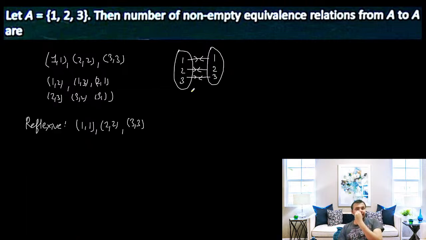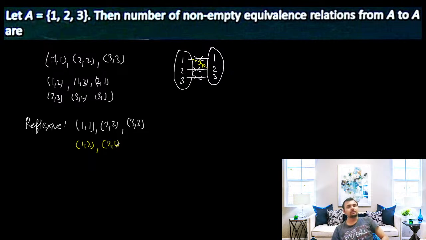From 1, if we are going to 2, a line should come back also. So if we keep 1, comma 2, we'll have to keep 2, comma 1, isn't it? So if we put 1, comma 2, we'll have to put 2, comma 1 in order to make it symmetric.